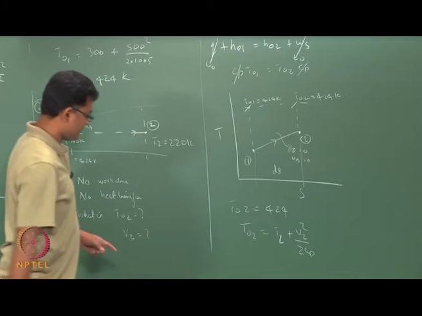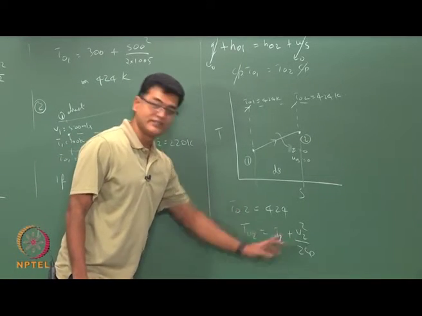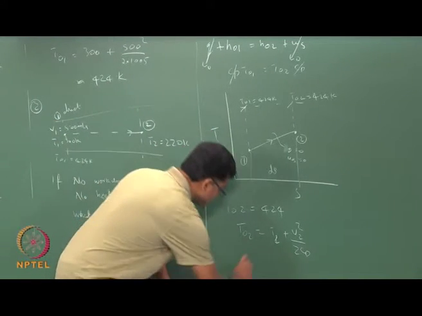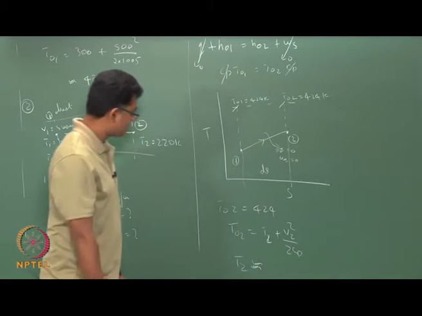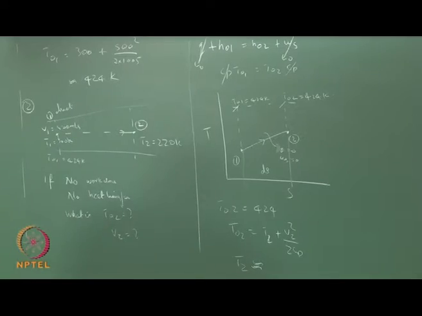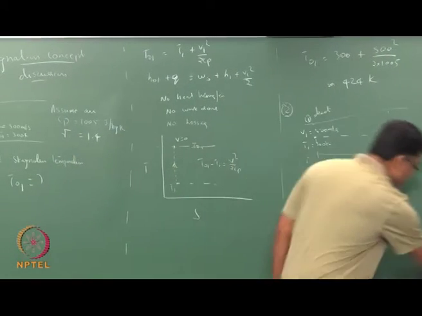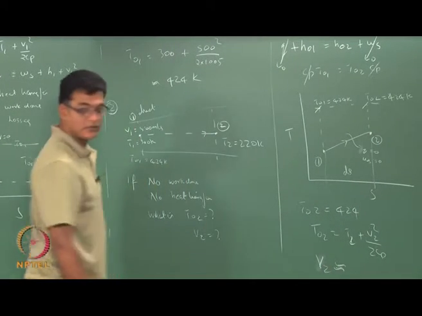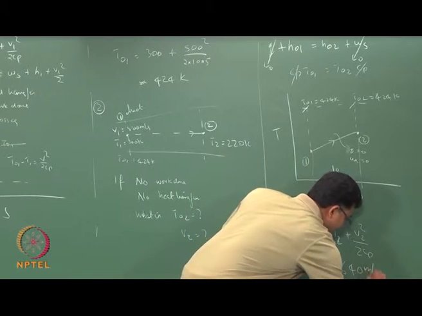Now, you know all the values T02, T2, V2 and Cp. Substitute those, and we have to find V2, you should get approximately 640 meters per second.